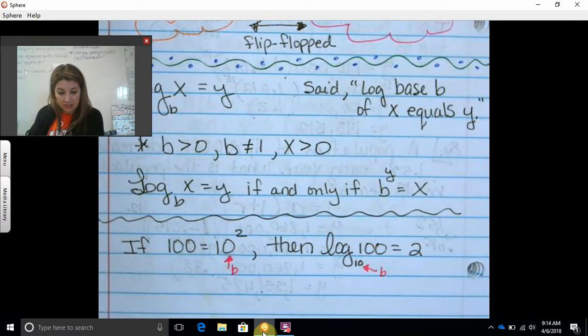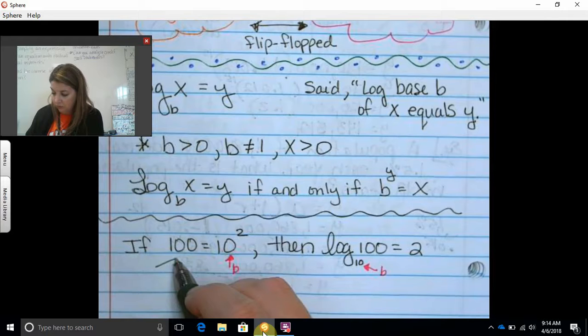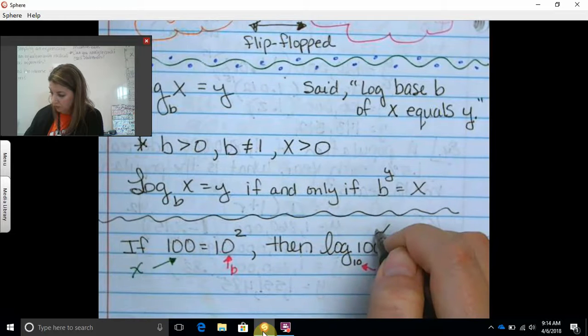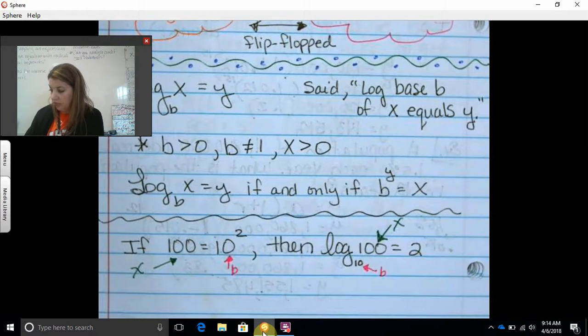Your x in exponential form would be the 100, and in logarithmic form was also the 100, just in a different spot.